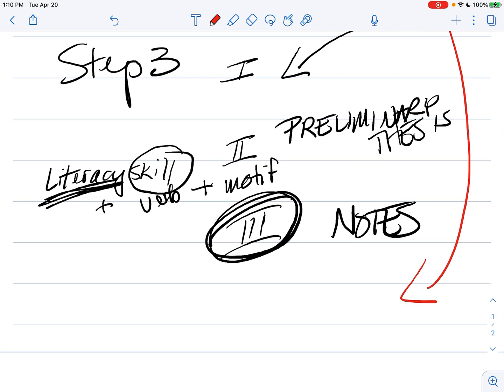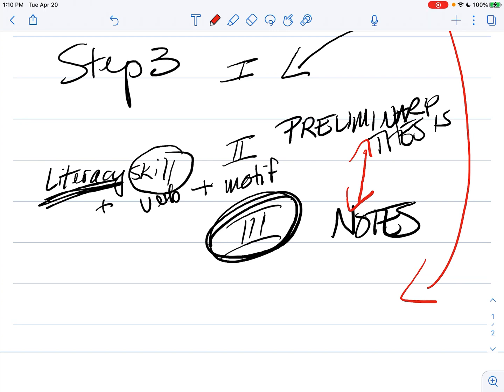So I'm looking for specific data. I'm looking for quotes. I'm looking for information that I can paraphrase, but these are going to support that preliminary thesis. Okay? So given that I have 12 sources, and I'm taking notes on 12 different sources, I'm thinking I'm going to have a lot of notes here.